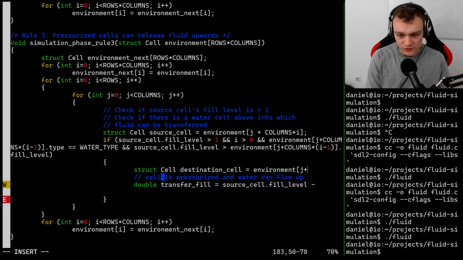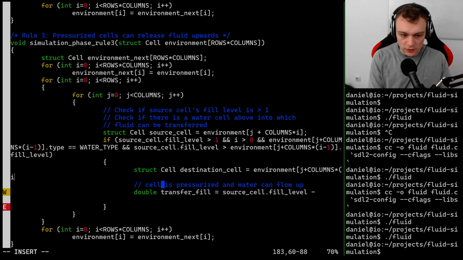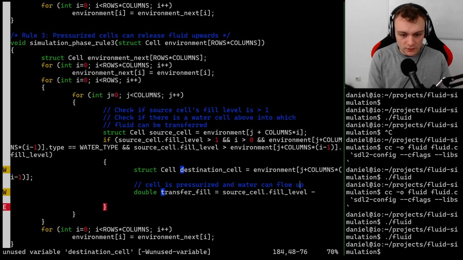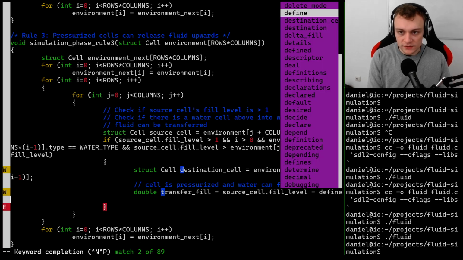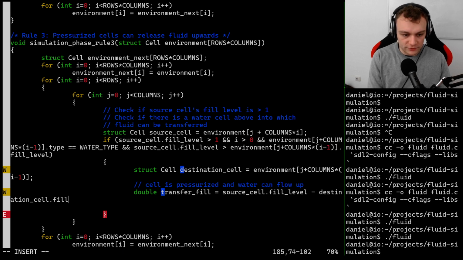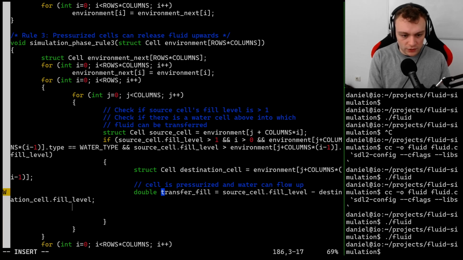So that's why I use the array index all the time. Columns multiplied by I minus 1. Destination cell dot fill level. That is the amount of liquid we want to transfer, and we will transfer all of it.